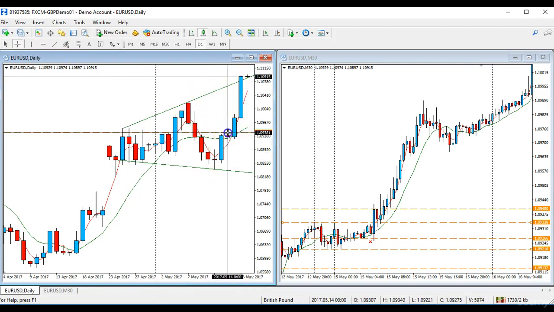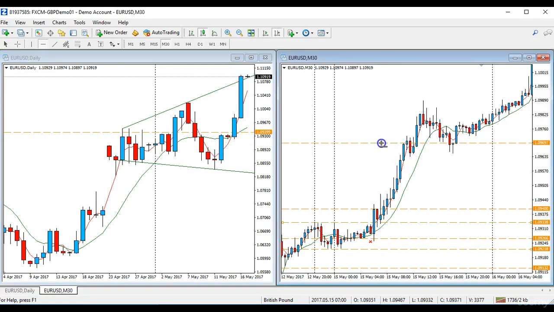So this potentially, we can see in advance, has a potential of about 123 pips for a 20 pip stop loss, which is about a 1 to 6 ROI.